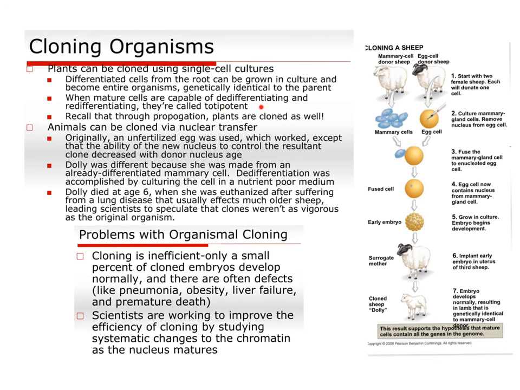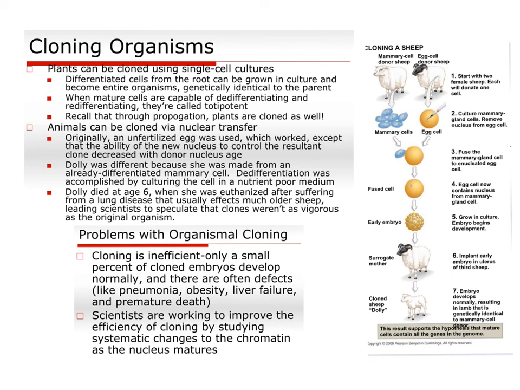So they can actually de-differentiate. Cells at the tip of that cutting can de-differentiate, and then they were cells of the stem, and they can redifferentiate to become cells of the root. So it's really easy to clone a plant.